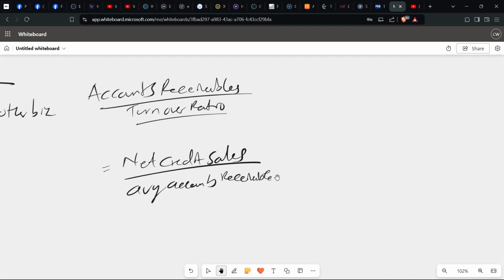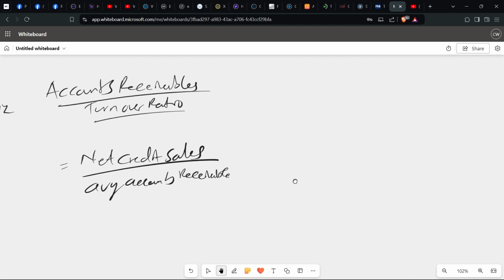By definition, net credit sales is the number of sales made on credit. For example, let's say a company sold $400 billion of goods on credit throughout the financial year. You get this from the income statement, in the same annual report.